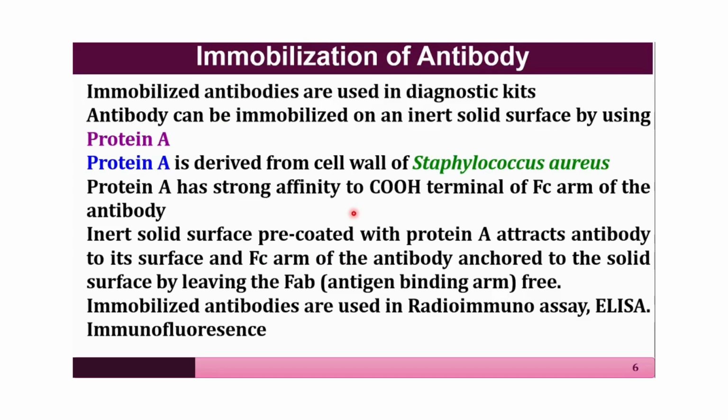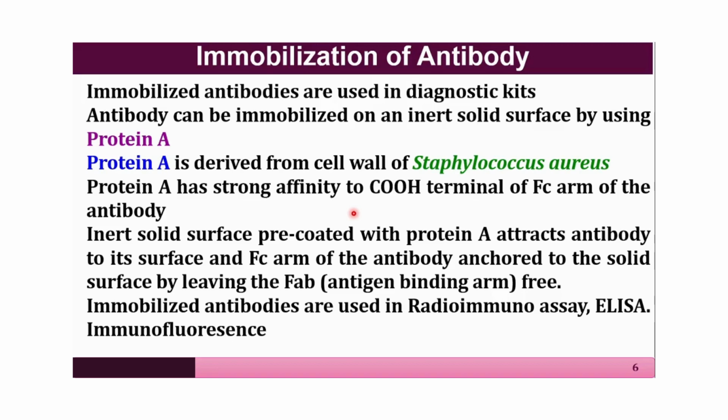It is also seen that in the immunodiagnostic kits, sometimes the antibodies used in the diagnosis, which are not labeled, may be used for trapping the antigen by immobilizing these antibodies on an inert surface. The inert solid surface would act as a substrate to which the antibody has to be bound.